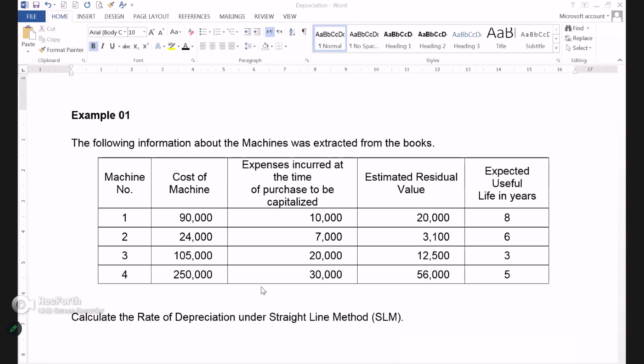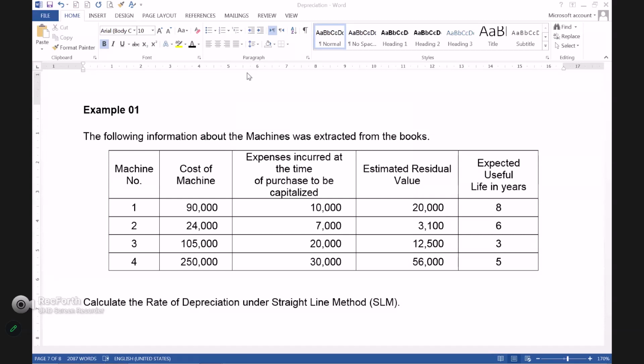Okay, what about the answers? So I call MS55. Is he online? MS55. Yes, sir.